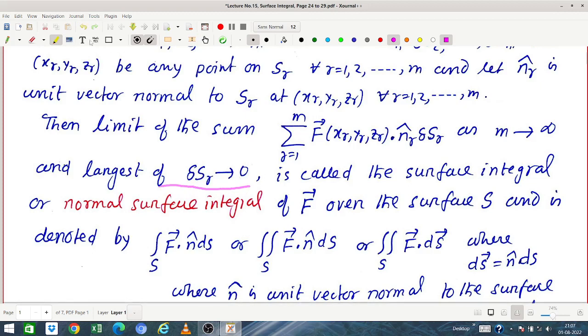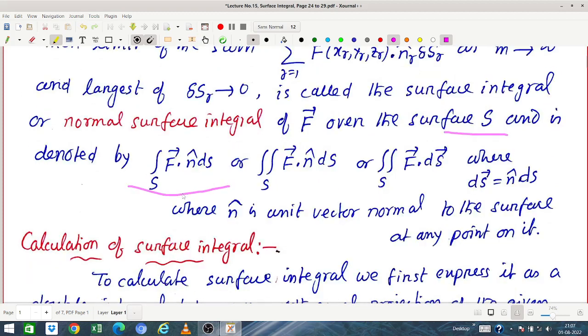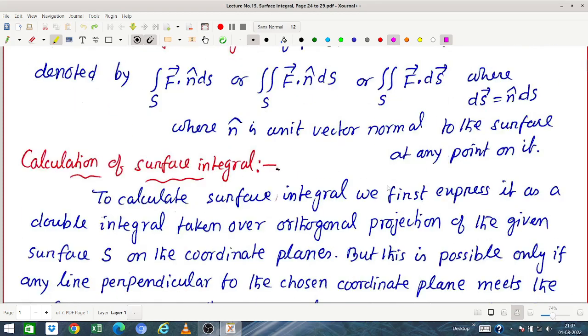The limit of this sum, if it exists, is called the surface integral or normal surface integral of the vector function F over the surface S, and it is denoted by the integral symbol over S, F vector dot n cap dS, or sometimes the double integral symbol is also used, F bar dot n cap dS, or double integral over S of F vector dot dS vector, meaning n cap dS is sometimes denoted by dS vector. So this is the definition of surface integral.